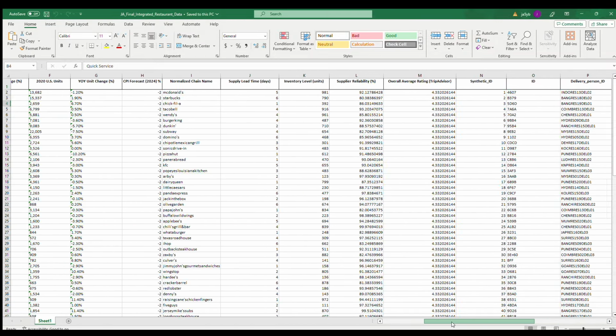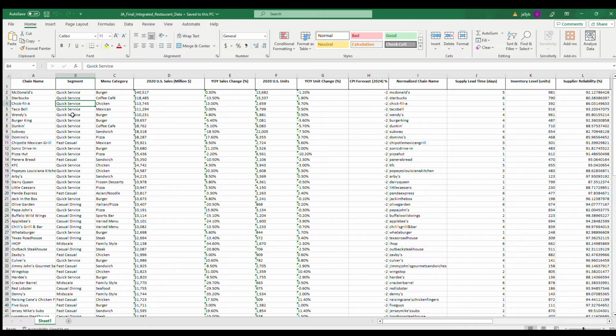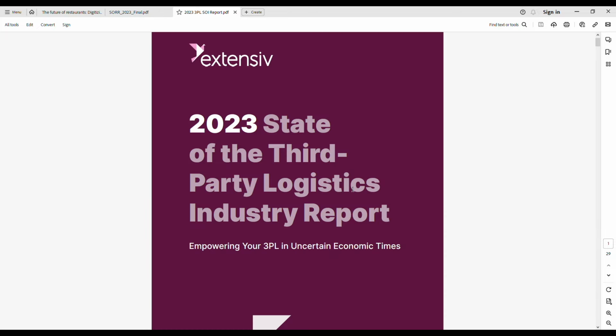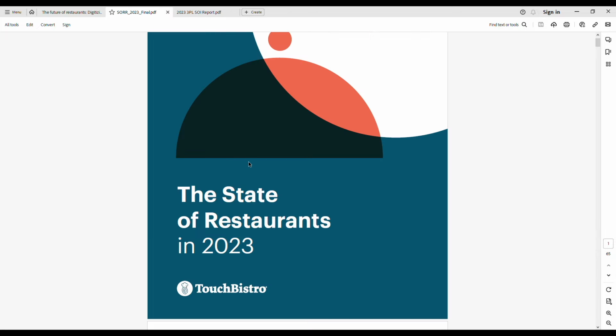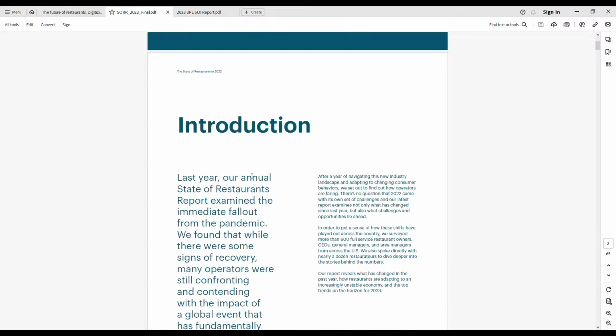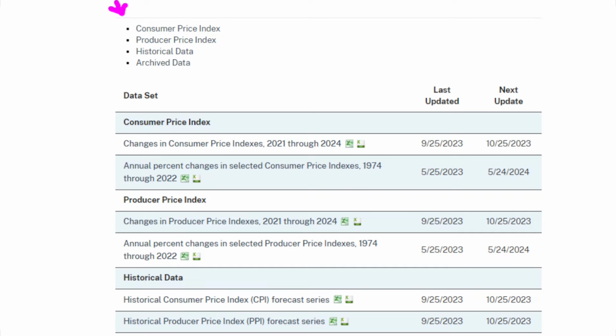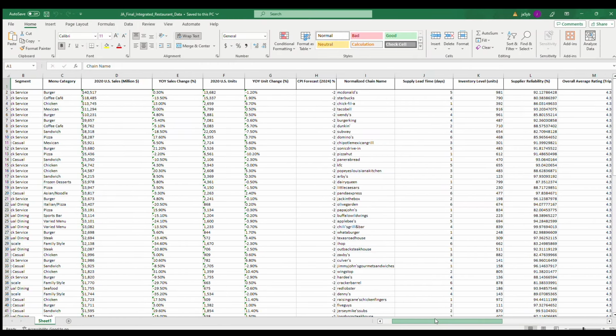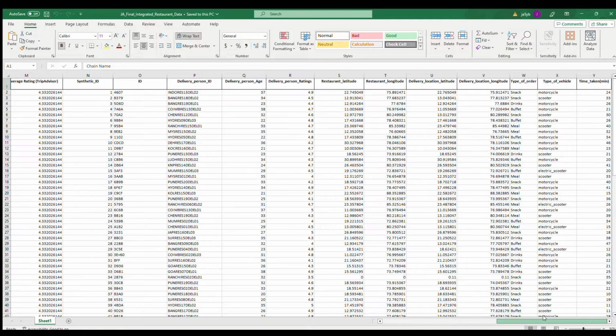Our data collection and preparation steps showcase the development of an integrated restaurant dataset utilizing reports from Touch Bistro and Extensive, along with data from Kaggle, ERS, USDA.gov, and synthetic supply chain data. The aim is to enhance supply chain resilience in the restaurant industry through comprehensive insight.